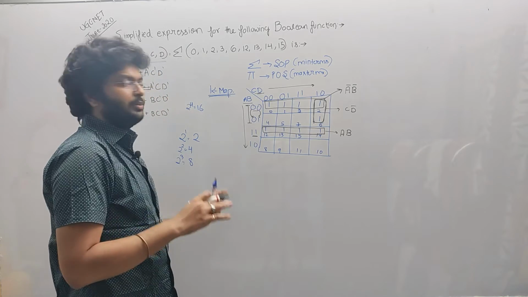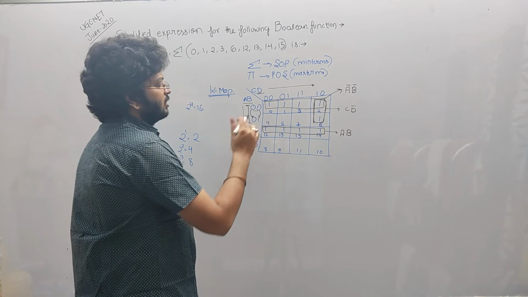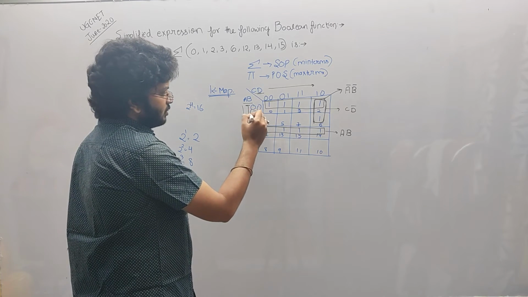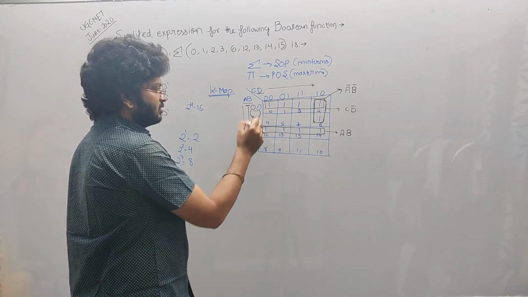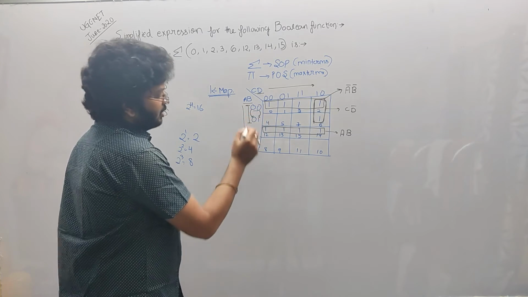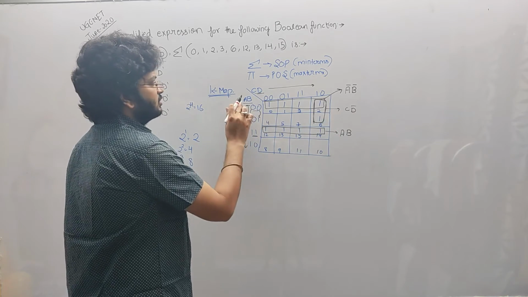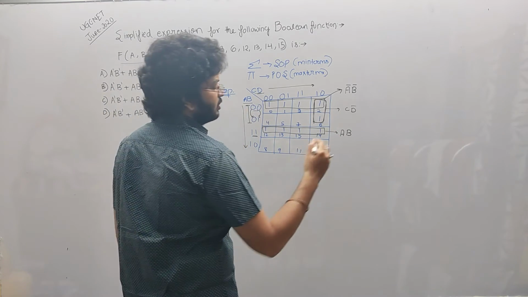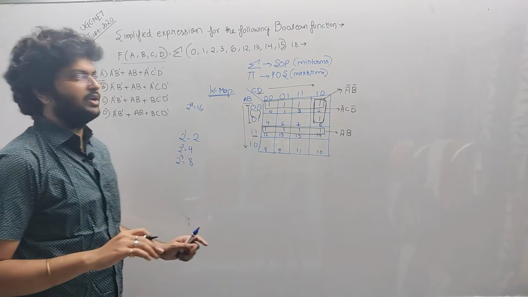The bit which remains constant, we take it into the answer. So 0 remains as it is. For 0 we have A, for this part we have B, and this side is A and this side is B. So I will be taking 0 to the answer. 0 means A complement, because 0 is for complement. So A complement, C and D complement.